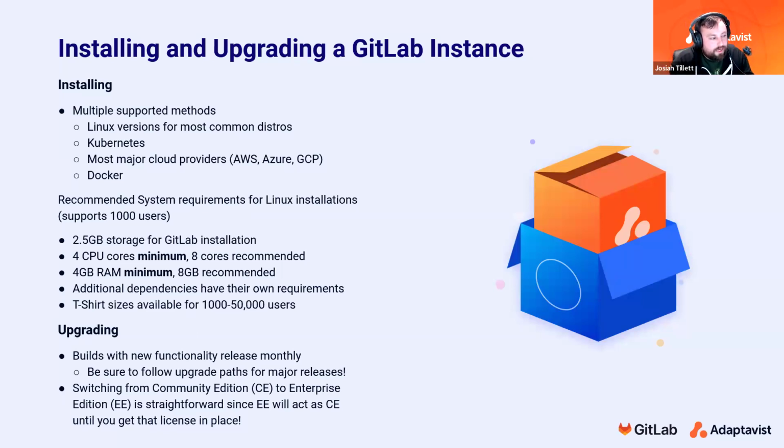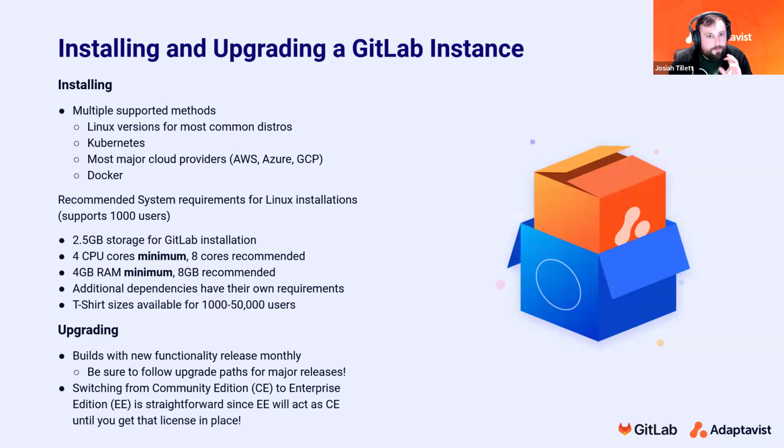The system requirements, I won't go over them in depth. These are listed out for 1,000 users, which is pretty much good for what I would expect most people would be wanting. But know that GitLab does have t-shirt sizing available in their installation guide all the way up to 50,000 users, telling you what your system requirements are going to need to look like.